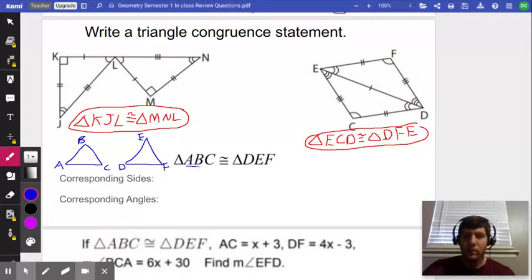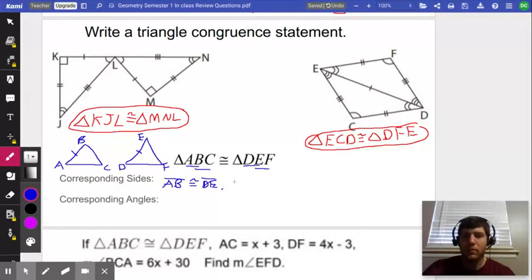So AB here is going to match up with DE. So segment AB would be congruent to segment DE. BC would match up with EF.